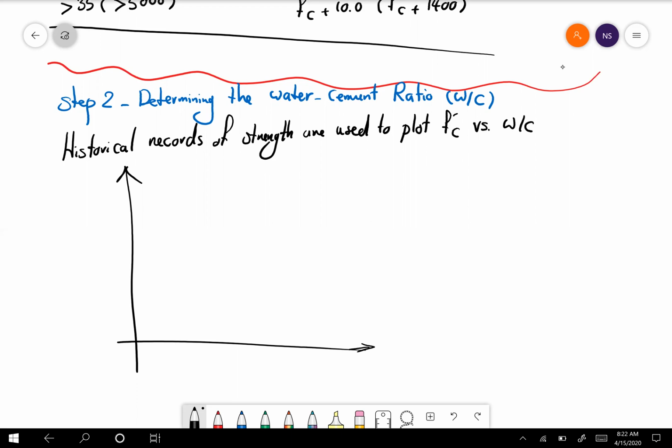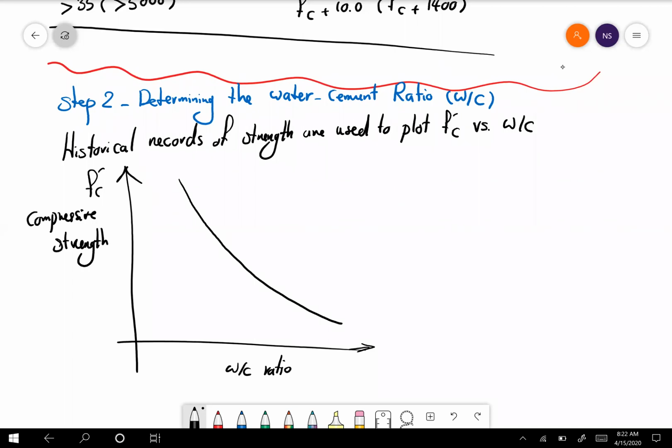So if this is water to cement ratio, and the y-axis is your F prime C, or compressive strength, again, the higher water to cement ratio means lower strength. And we have two trends.